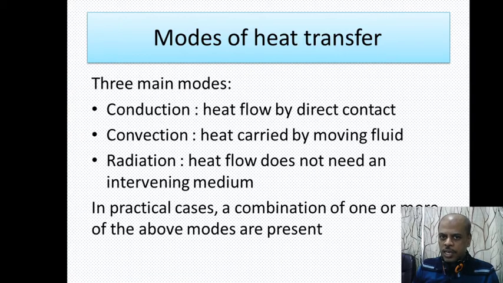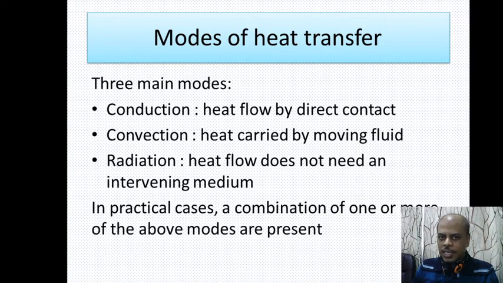How heat flows in conduction is through direct contact of molecules with each other and electron flow. In convection, heat is carried by a moving fluid. Heat is being supplied to a fluid which is moving. It may be moving due to density difference because we are supplying heat, or it may be moving because of a certain arrangement, or forced convection.